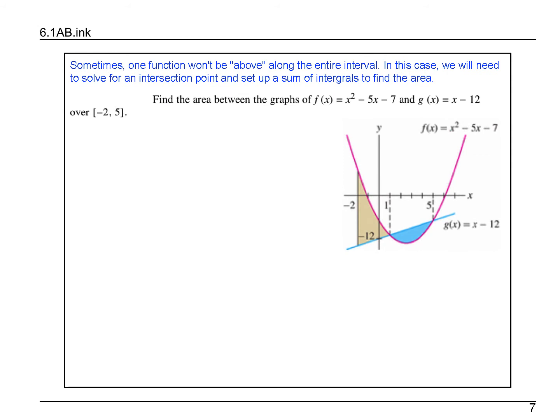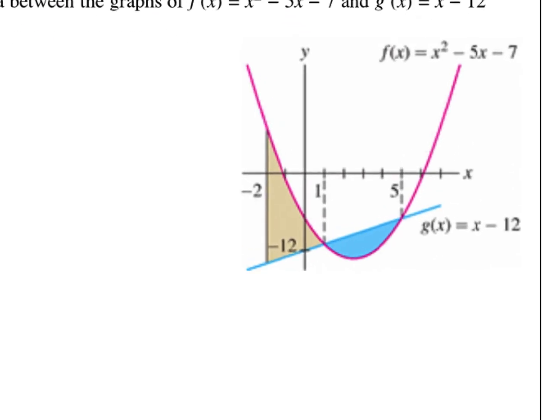So sometimes one function won't be above along the entire interval. In this case, we will need to solve for an intersection point and set up a sum of integrals to find the area. So we will create adjacent integrals and add them up. In this example, we can see that we have a region 1 and a region 2.